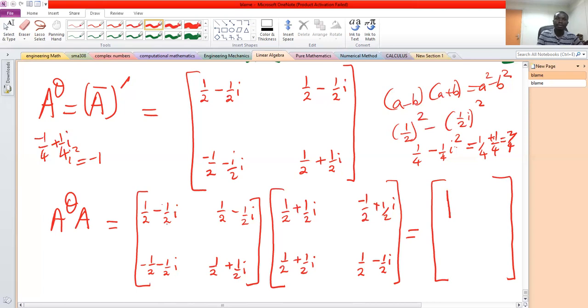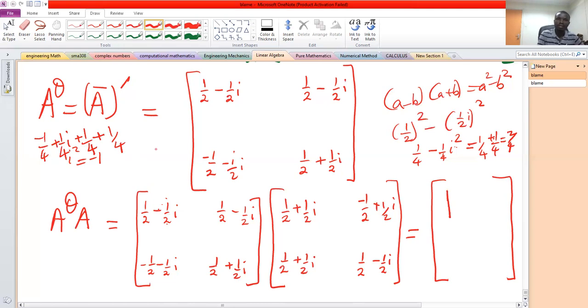Minus 1 over 2i times minus 1 over 2 is positive 1 over 4, and minus times plus is minus. A half times a half is 1 over 4, but I times I is I squared, so we'll get plus 1 over 4.